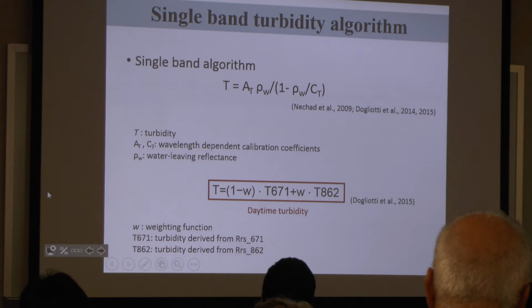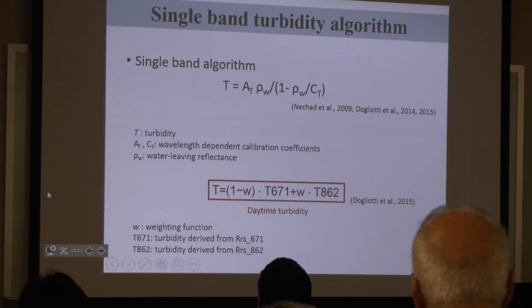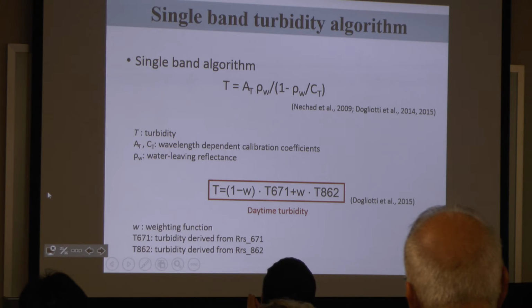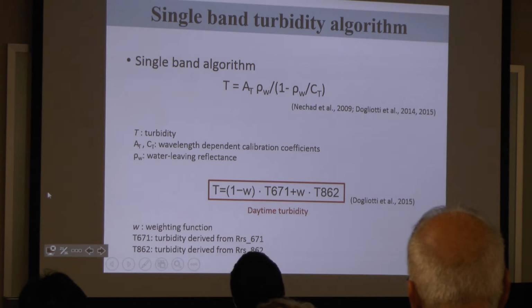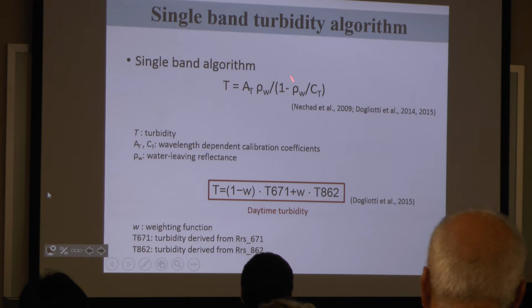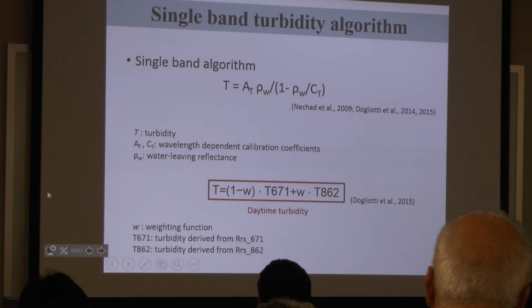For the daytime turbidity algorithm used in this study, I used the algorithm provided by Nechad et al. 2009 and revised by Dogliotti et al. 2014 and 2015. T is turbidity, and A_T and C_T in this equation are wavelength-dependent calibration coefficients. The rho_w here is water-leaving reflectance.